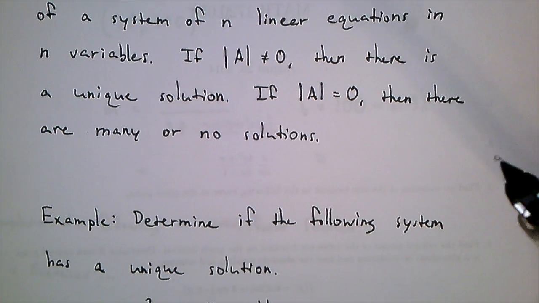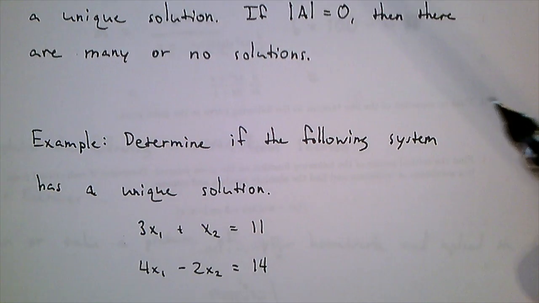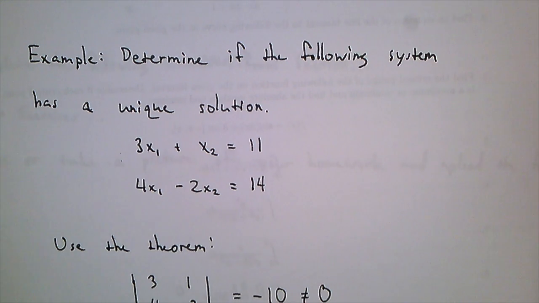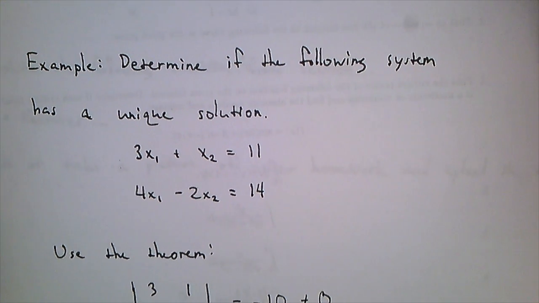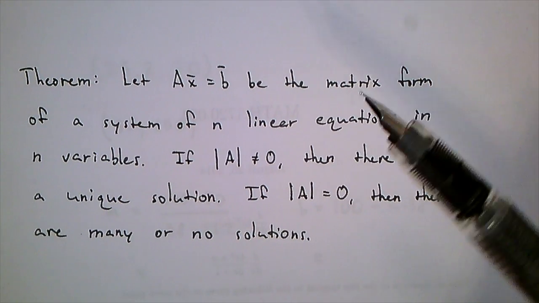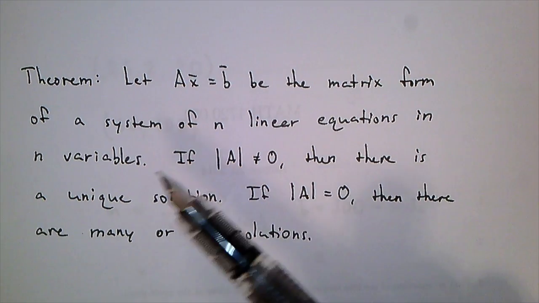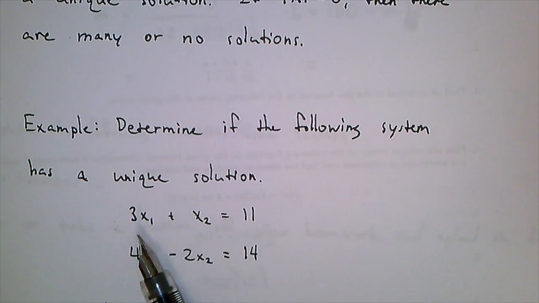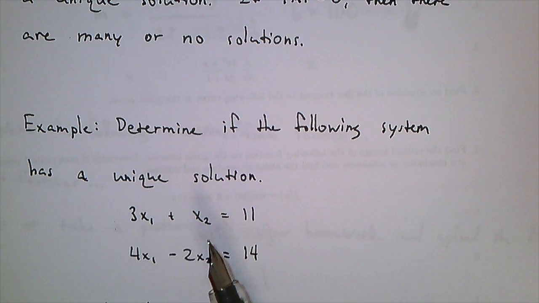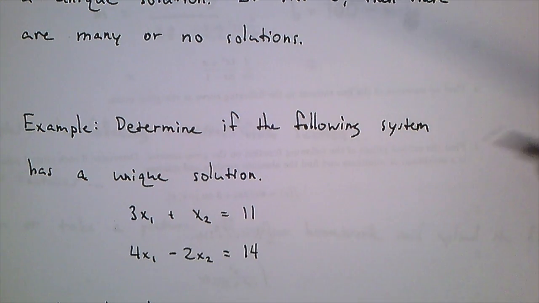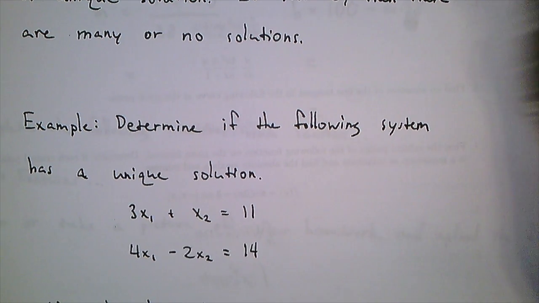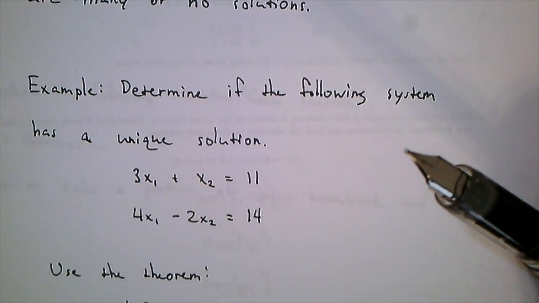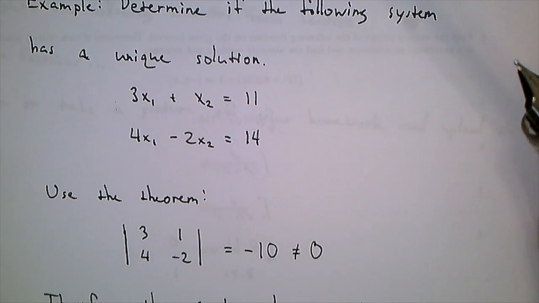Let's do a quick example of how you might use this theorem. I want to determine if this system of equations has a unique solution. And before we try the theorem, we have to make sure that the conditions are satisfied. So we have to make sure we're looking at a system of n linear equations in n variables. And here we have two linear equations in two variables. So that does check out. And then what we have to do is make a matrix out of the coefficients, the coefficient matrix, and then find its determinant.